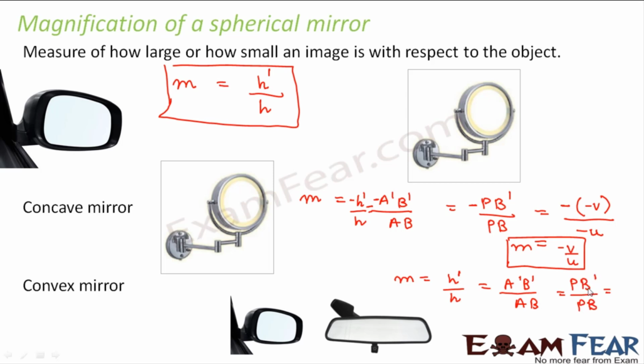Now in case of a convex mirror, PB dash is plus V, and PB is minus U. So in this case also we get magnification is equal to minus V by U. So we can define magnification as the ratio of the height of the image to the height of the object, or as the ratio of the image distance to the object distance.